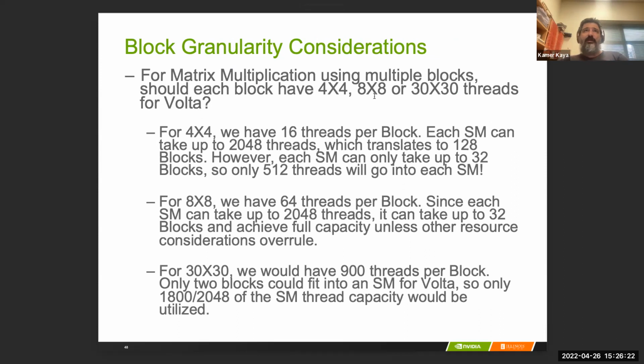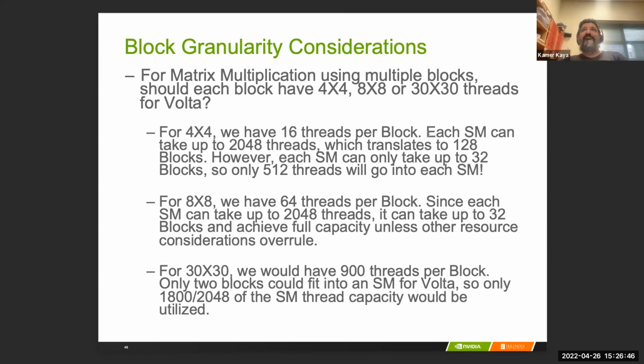So then why is block size important, why is the number of threads inside the block or the block organization important? Let's consider this. For matrix multiplication using multiple blocks, should each block have 4x4, 8x8, or 30x30 threads for Volta? You need to know something before answering a question like that.